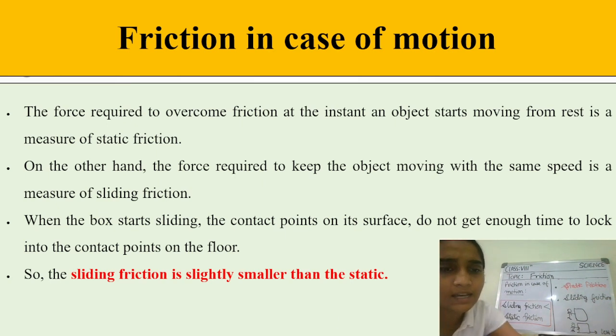If I ask you to give one more example where you can say that the sliding friction is slightly smaller than the static friction, what can you think of? Yes, there is a heavy almirah which is kept, and we are applying force to it, and friction is also acting there. So the static friction is over there.